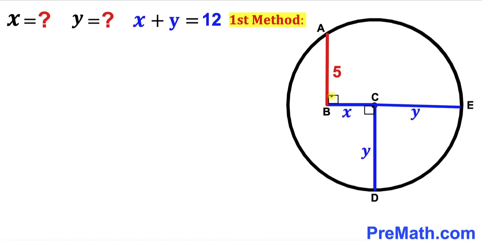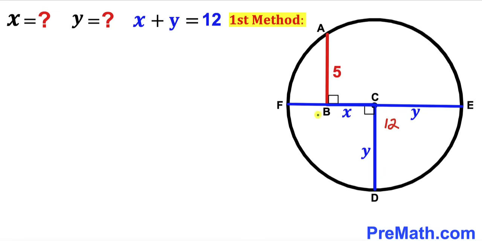Furthermore, points B, C, and E are collinear. So segment BE length is the same as X plus Y, and we know X plus Y is 12, so BE turns out to be 12 units.